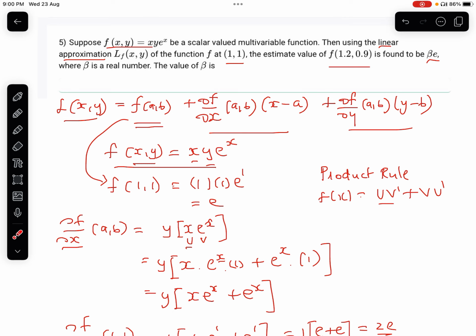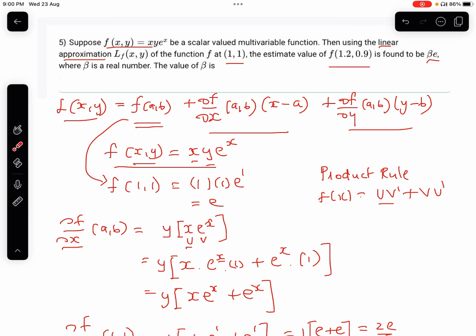Beta might be either positive or negative, or it may be a decimal. Whatever it may be, beta will be the proper answer. Okay, so let us substitute by solving. This f(1.2, 0.9) we are going to substitute now in the final equation.